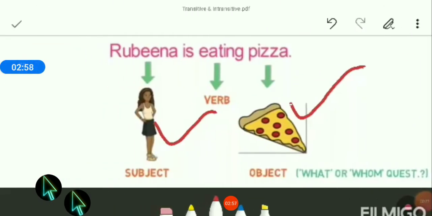Eating is a transitive verb because it needs an object to complete the action, to pass the action from subject to object. It also gives us the answer of what Rubina is eating, pizza.